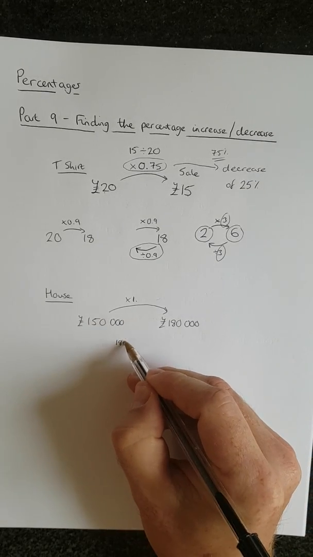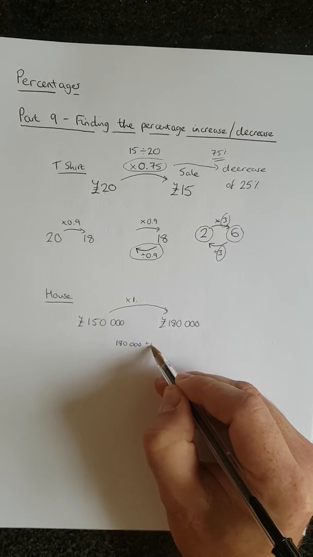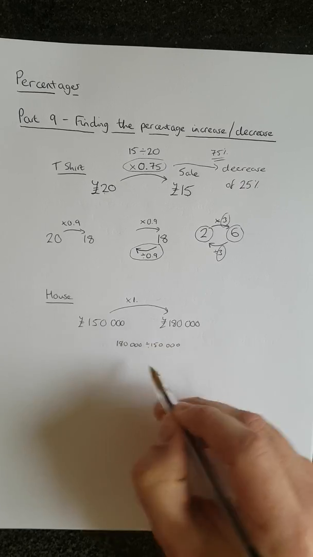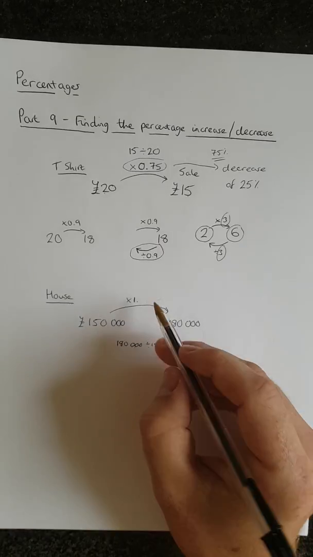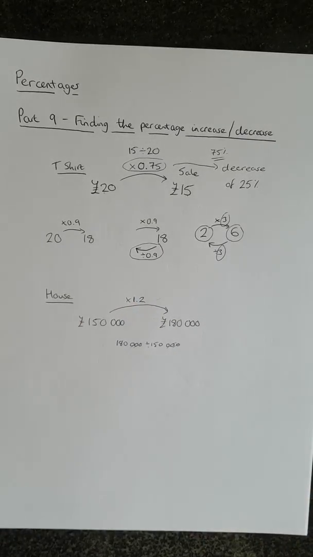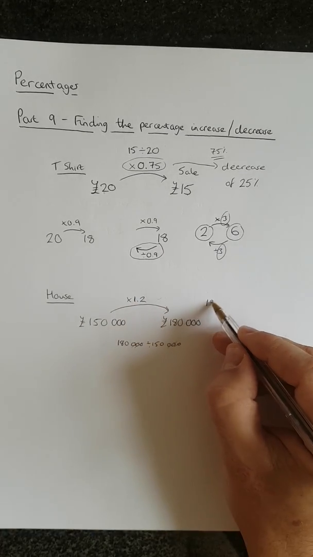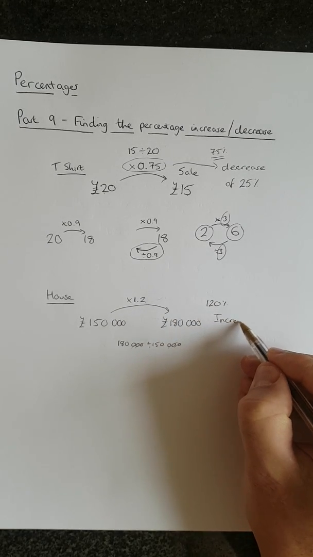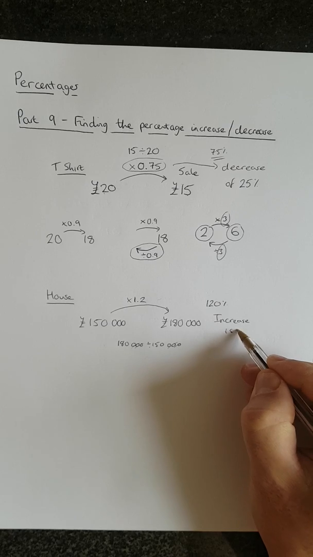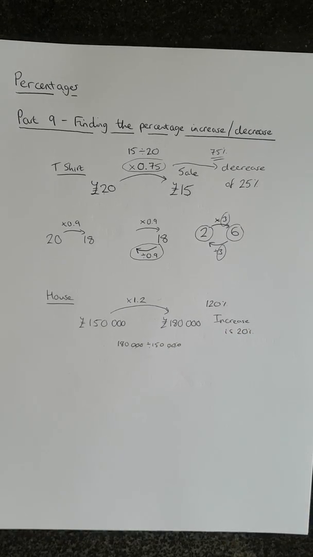So I do my divide, and when I put it into the calculator I'll leave all the zeros off, and I get 1.2, which is 120%. So the increase is 20%.